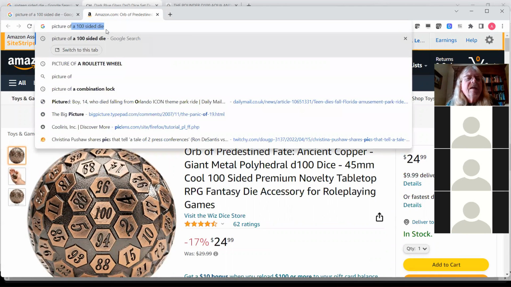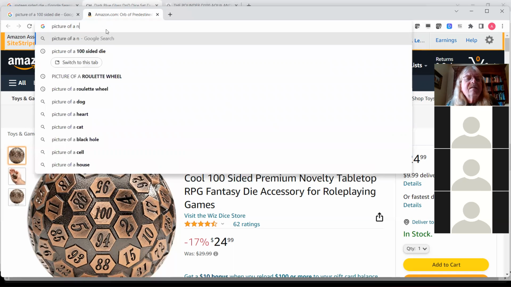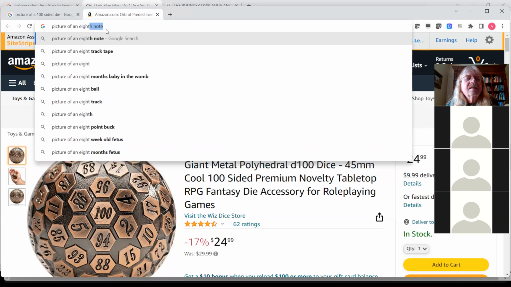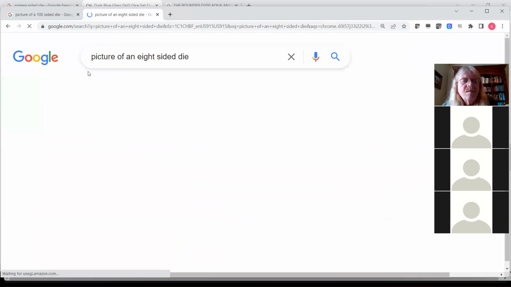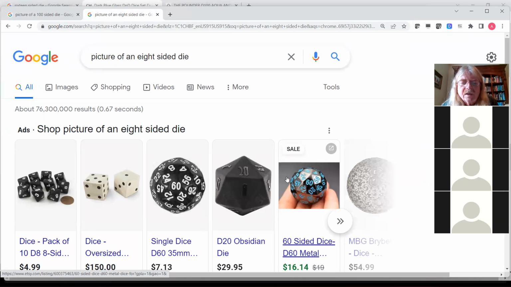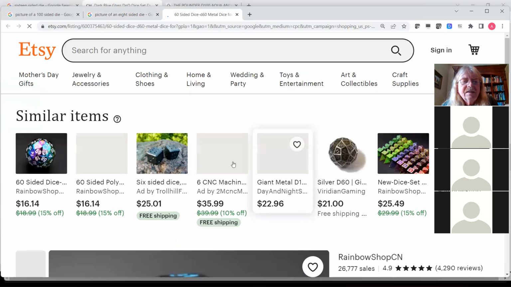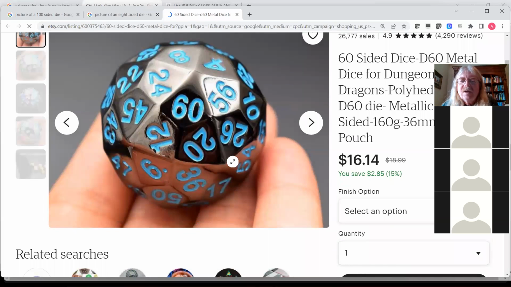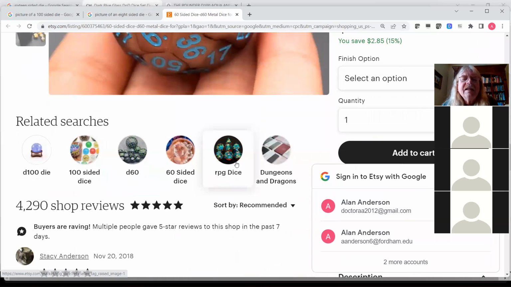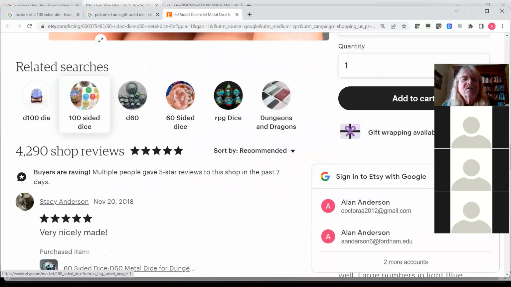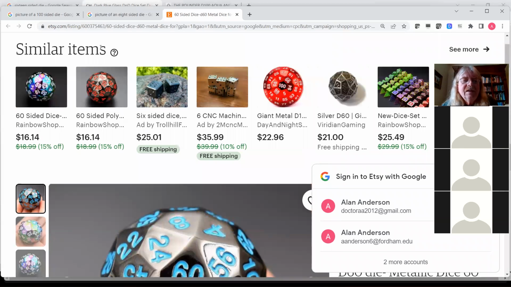How about a picture of an 8-sided die? Yeah, it's a little weird. Look at some of these. This one is 60. Well, I guess in principle, any even number, obviously, if you're going to try 7, it's not going to work.